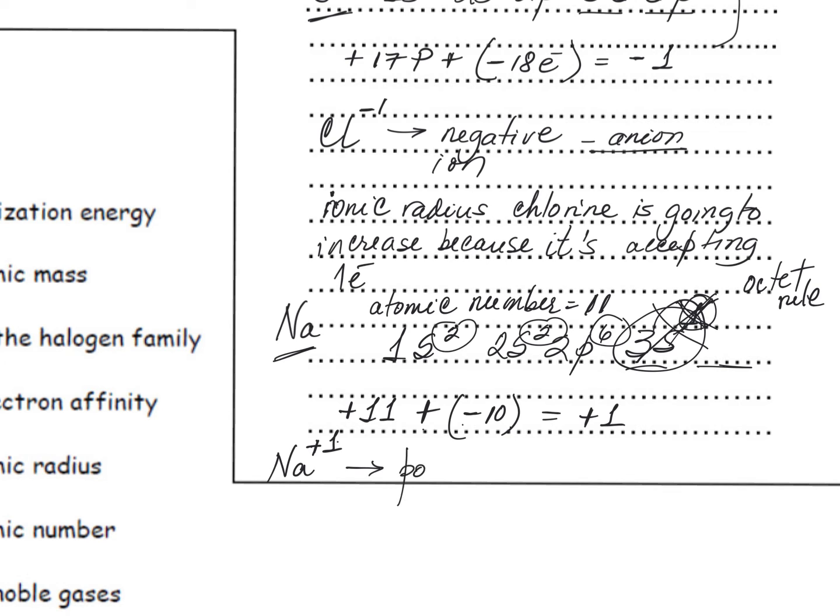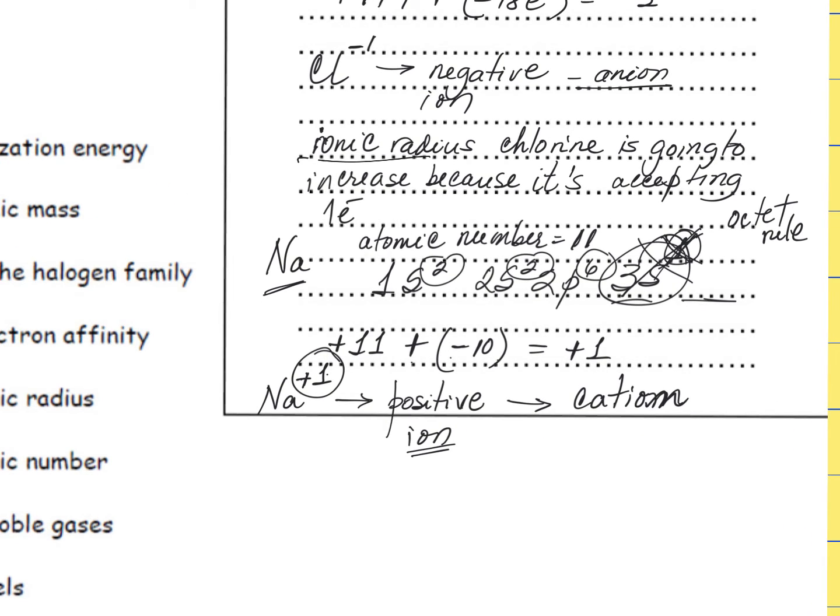And this is a positive ion. Why a positive ion? Because it's not neutral anymore. Now it has a charge equal to +1, and we call the positive ions cations. But when sodium was losing that last level of energy, what was happening to the ionic radius?